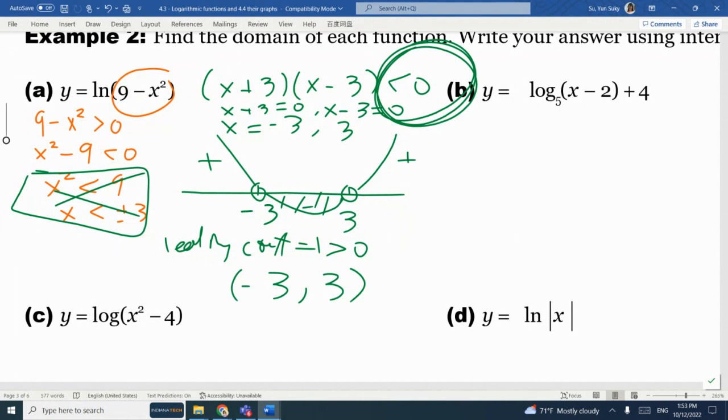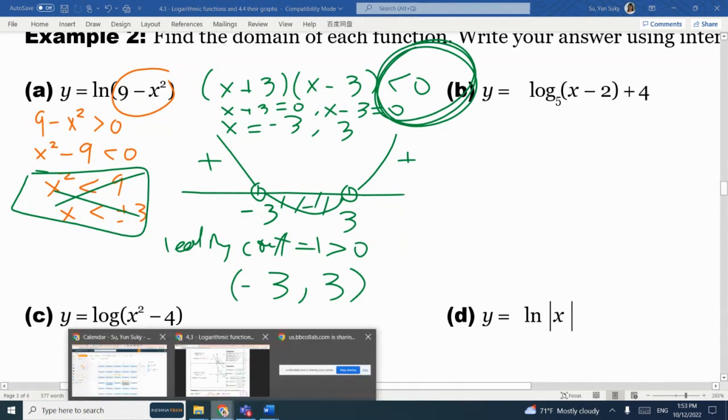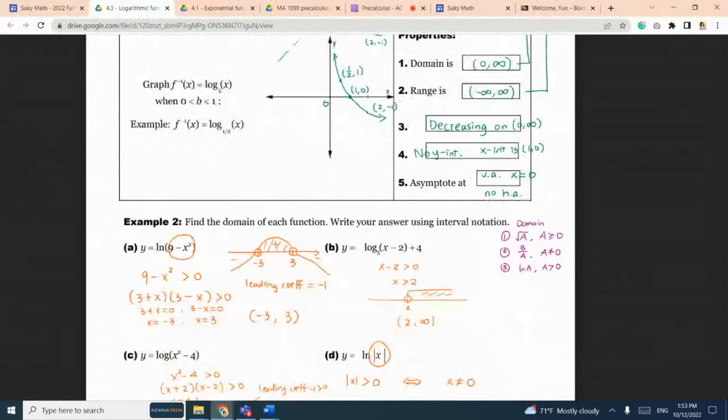On my notes, I do the same thing, but I didn't multiply both sides by -1.